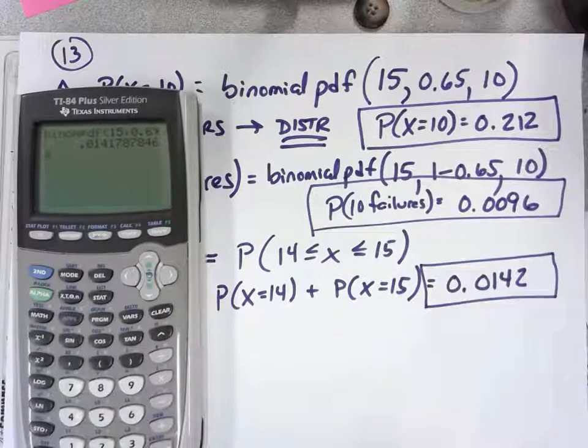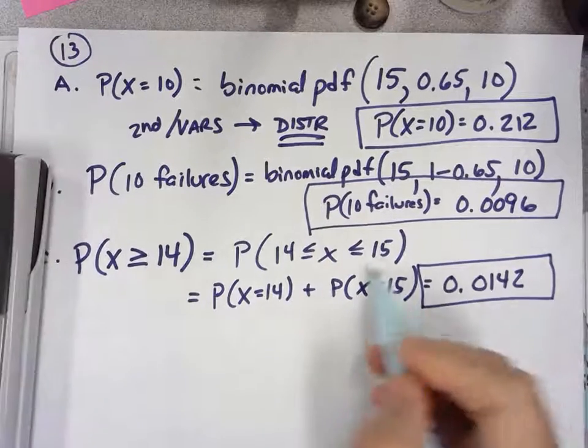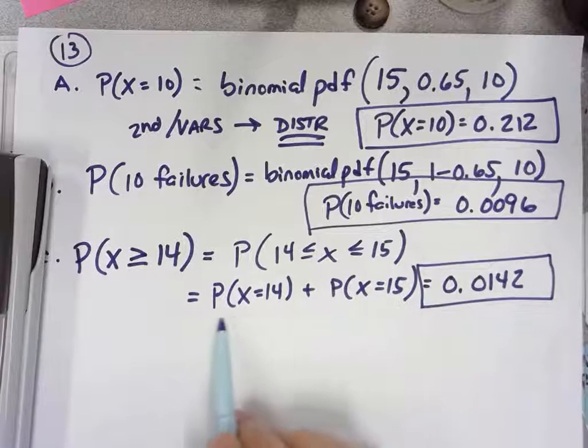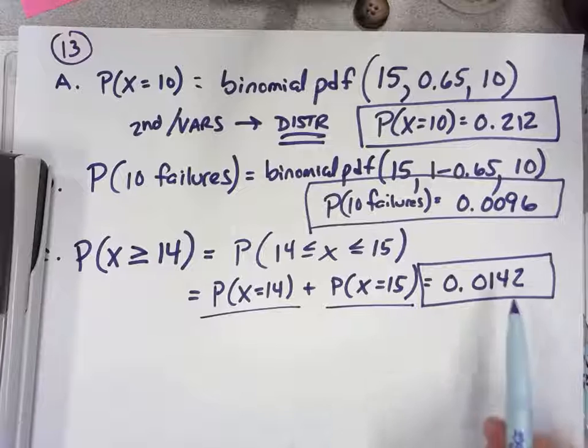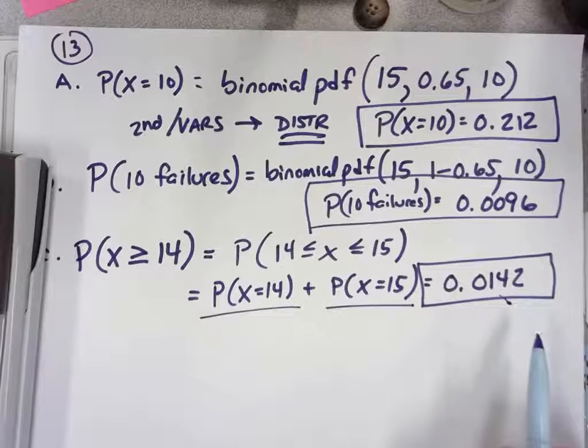The trials is still 15. I just changed the X value to 15, because you're simply adding these two together, and then you get 0.0142. That's my answer.